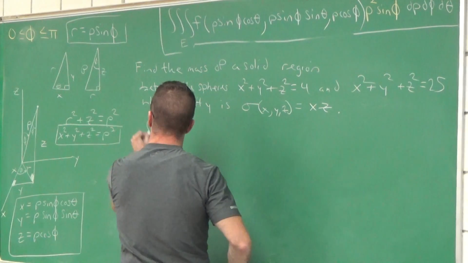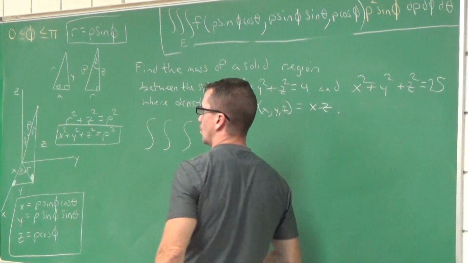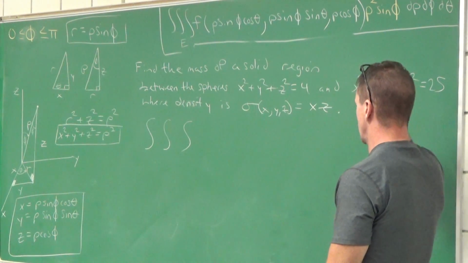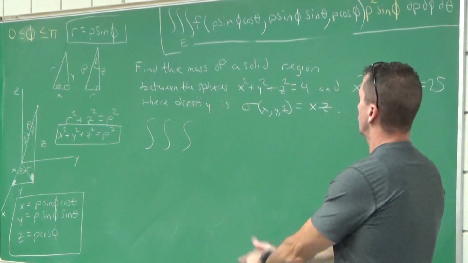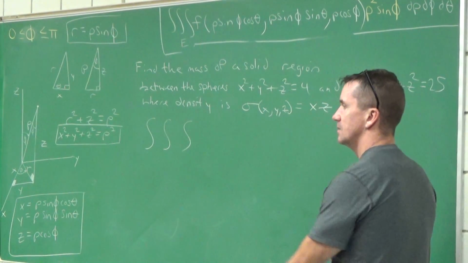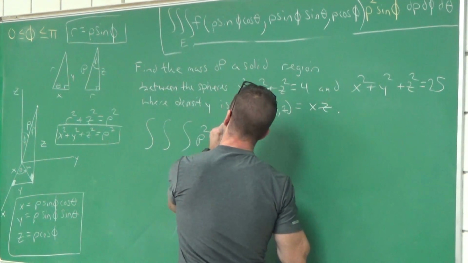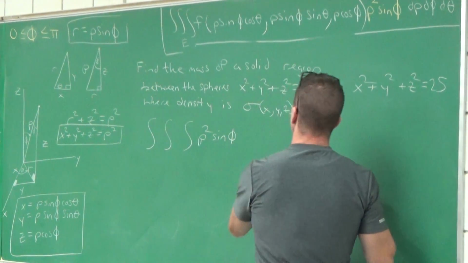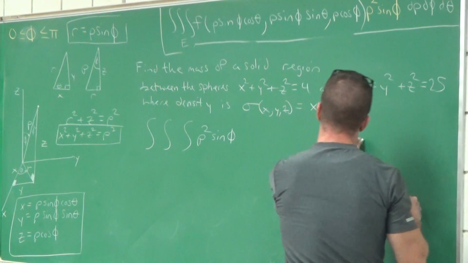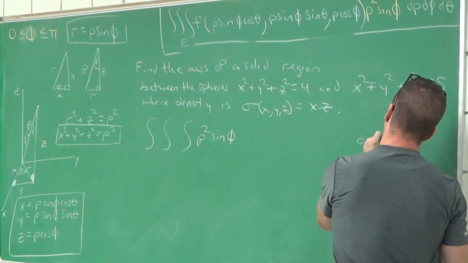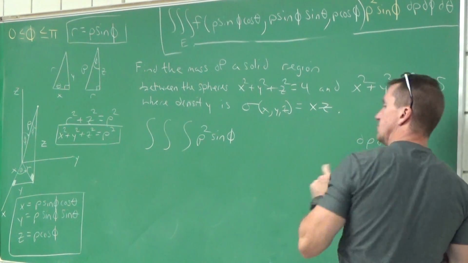Alright, are you ready? What's the automatic volume element? Rho squared sine phi d rho d phi d theta. Well, I'm going to put that way down here, my d rho d phi d theta.